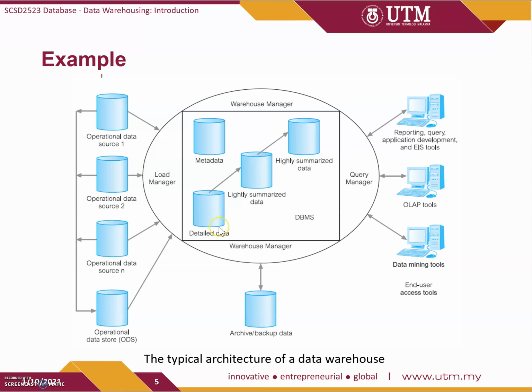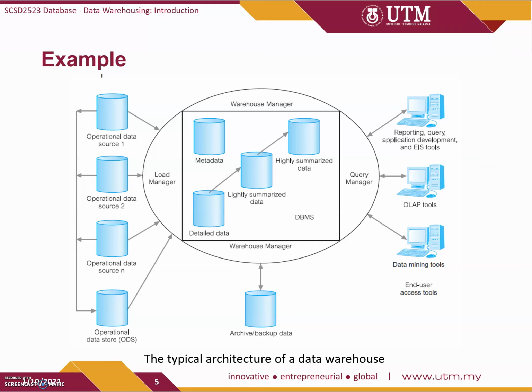And then we have three types of data here. First is the detailed data. The detailed data is usually not stored online, but it is available by combining all the data into the next table. Then they move on to the lightly summarized data. The lightly summarized data stores all the predefined lightly and highly summarized data generated from the warehouse manager.